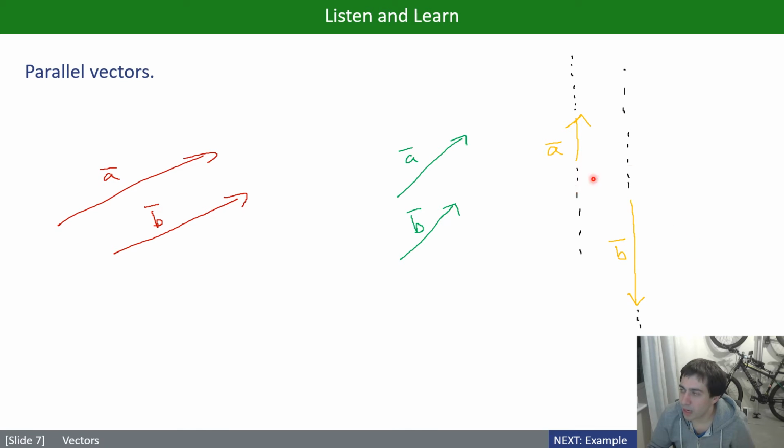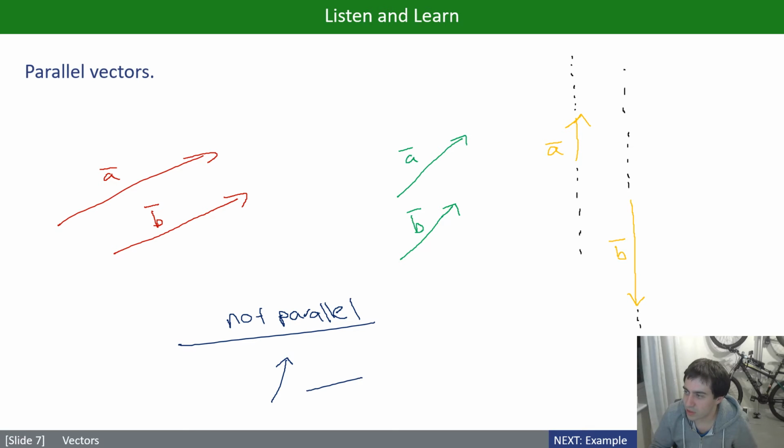So being parallel is all about the direction. It's either the same direction or it's the complete opposite direction. Whereas a counter example, so let's say not parallel, would be any two vectors which are not in the same direction or in the perfectly opposite direction.